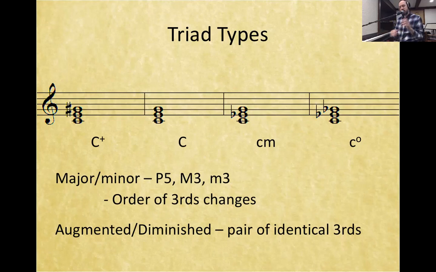The order changes between a minor triad, where the minor third's on the bottom and the major third's on top, and a major triad, where the major third is on the bottom and the minor third is on top. So we've got these internal relationships, but what we're going to see when we add a seventh is that for us to be able to make that adjustment super quickly and easily, we want to be able to think of the triad itself as a unit.